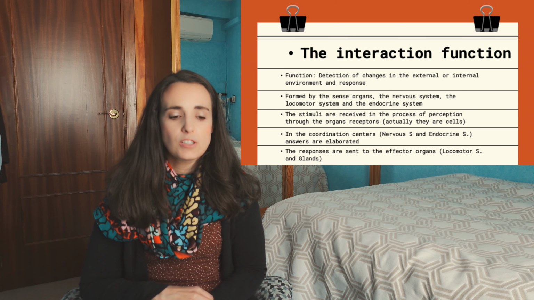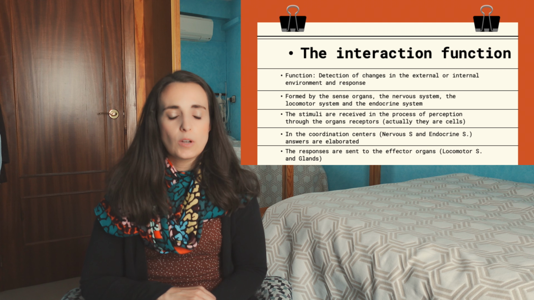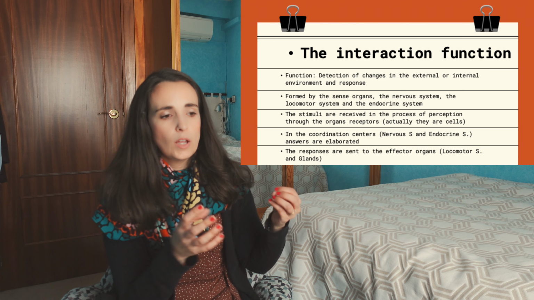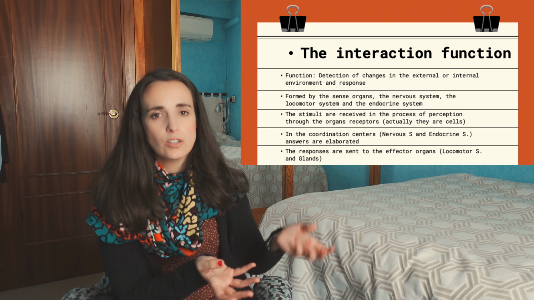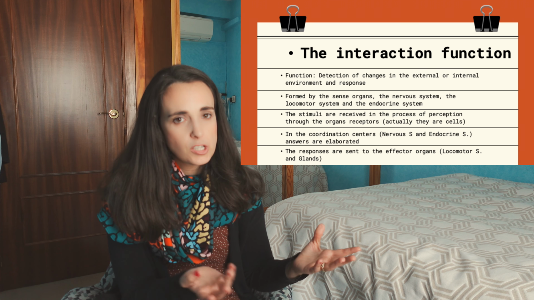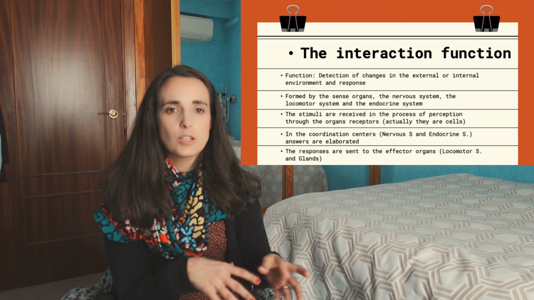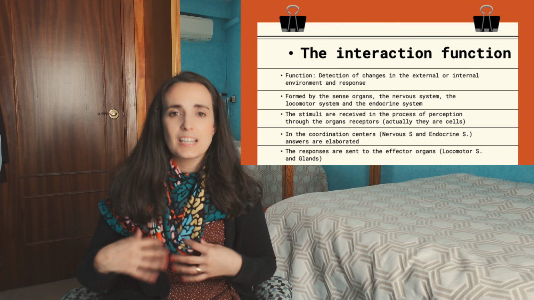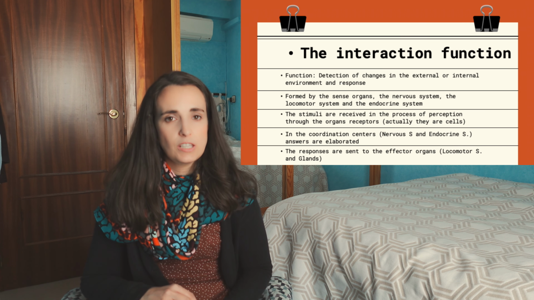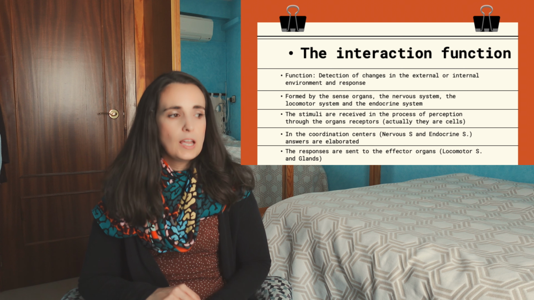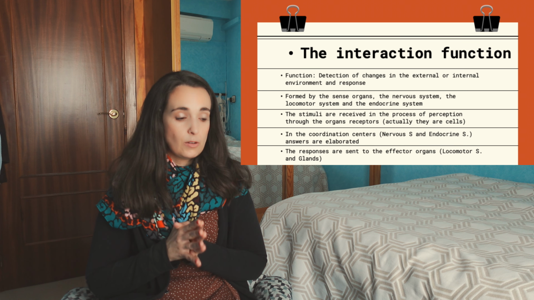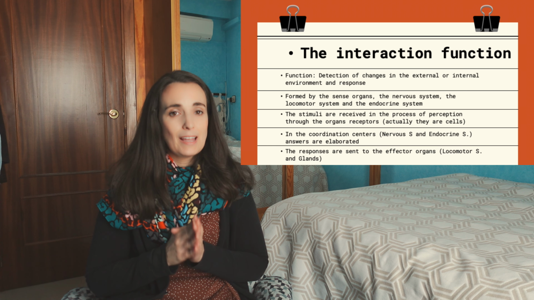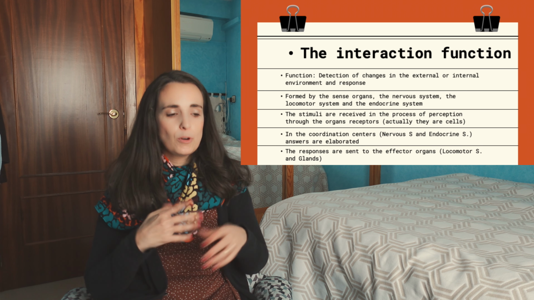So the interaction function is the ability to interact, to take information from the outside and give an answer according to that information, but not only from the outside but also in the inside of our body, as we will see during this unit.